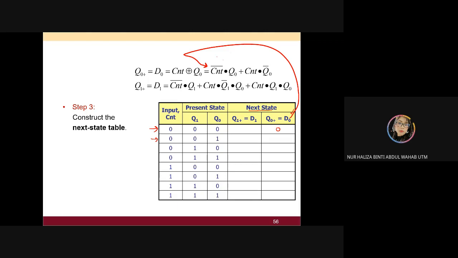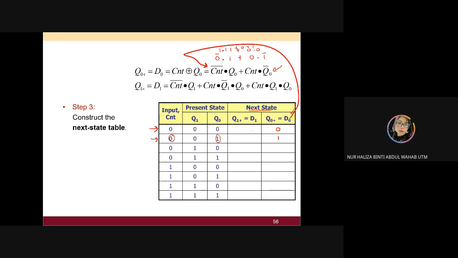Now you have CNT as 0, then you have Q0 as 1, so CNT0 bar dot Q0 plus CNT0 multiplied with Q0 bar, which is 1 bar. 0 bar will be 1, so 1 dot 1 plus 0 dot 0, that is 1 plus 0, and you will get 1. So here will be 1. For the rest, you always put the values inside the equation, then construct the values similar to this part.